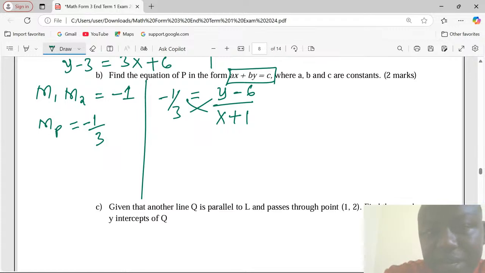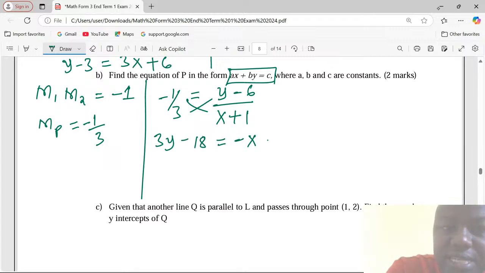It is not a must. Let me just work it out the way we had started, but it's good for students to follow the format. We have 3y minus 18 equivalent to -x minus 1.